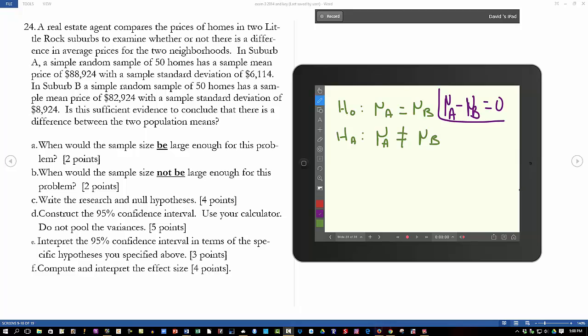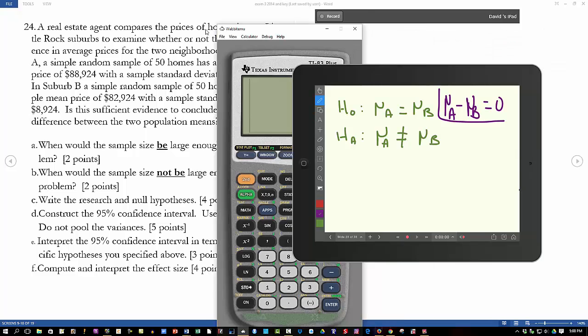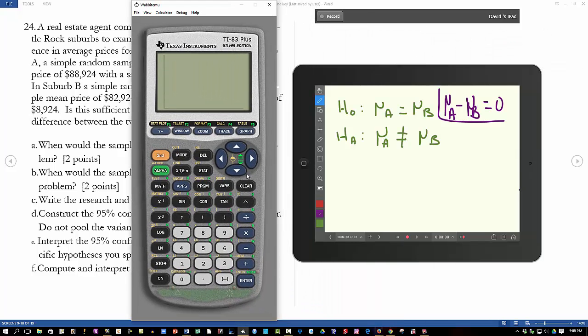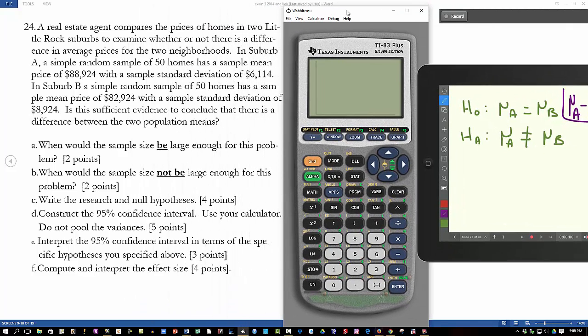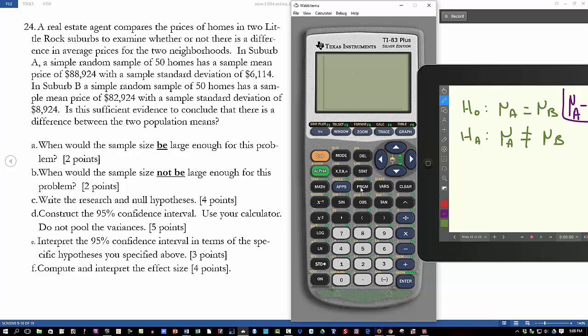Okay, to construct a 95% confidence interval, we'll just plug all of our numbers into the calculator. Stat, turn it on, stat, test, 2-sample t interval.